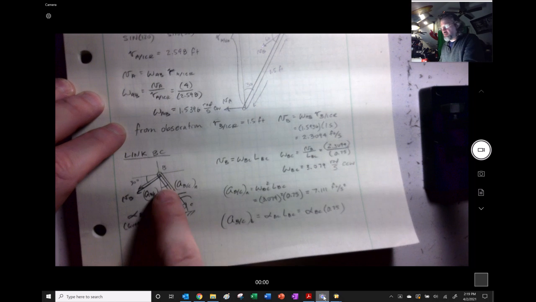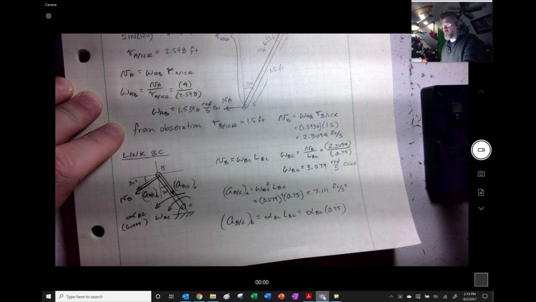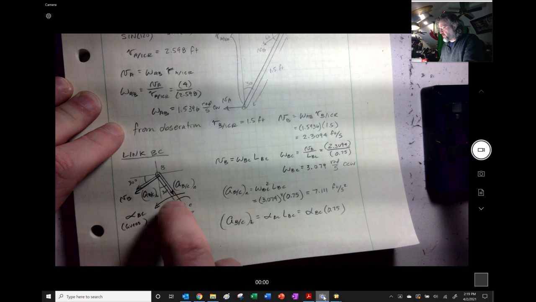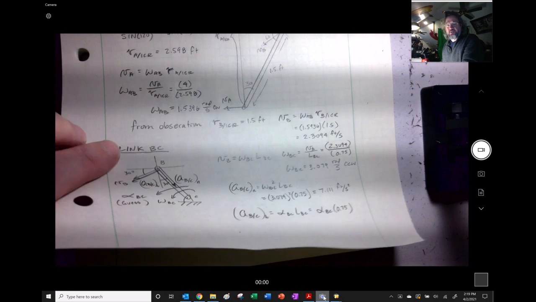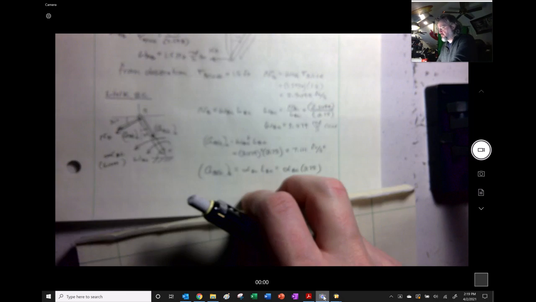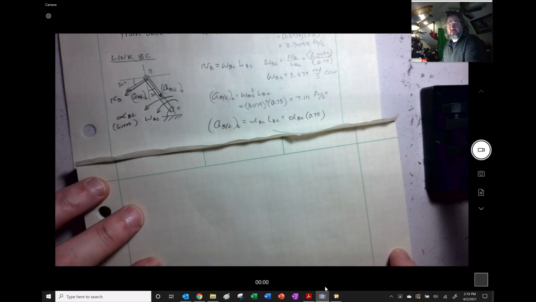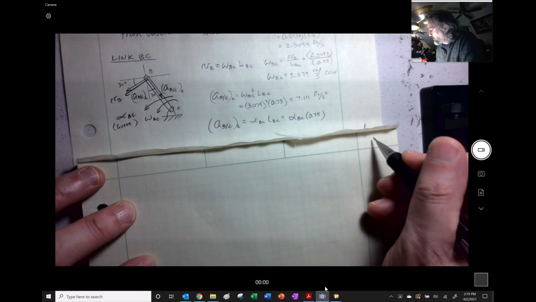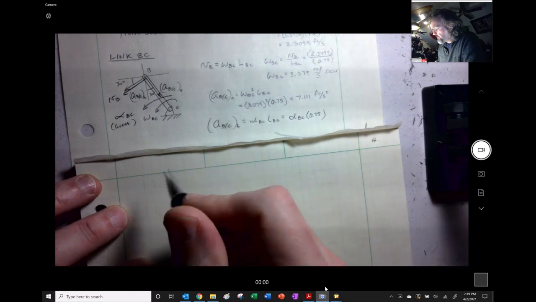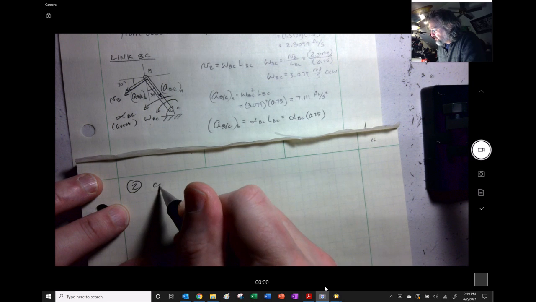I'm going to take these two and put them into the X and Y directions. I think it'll simplify it just a little bit. So let's take a look at those as we come through this. This is page 4, and this is problem 2 continued.